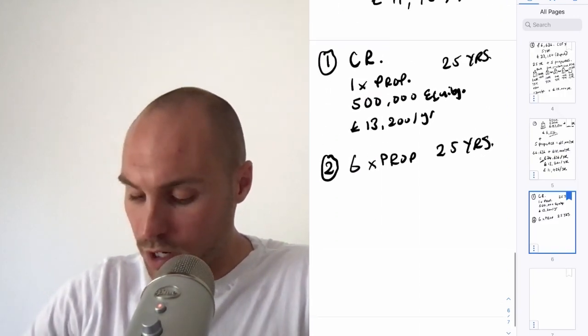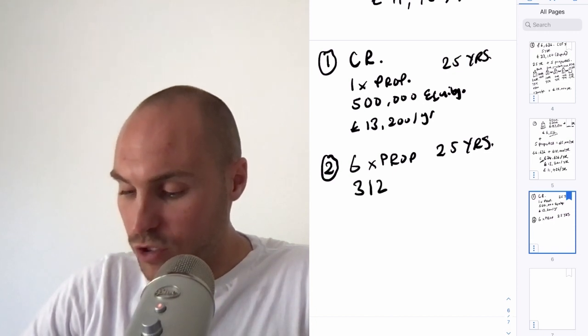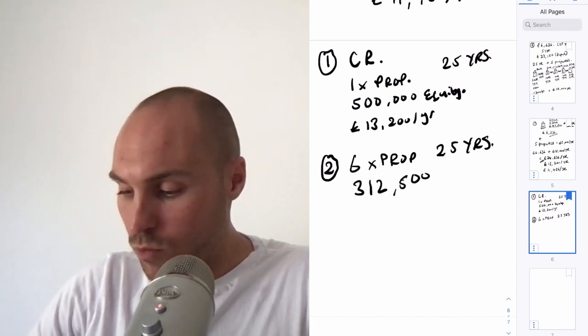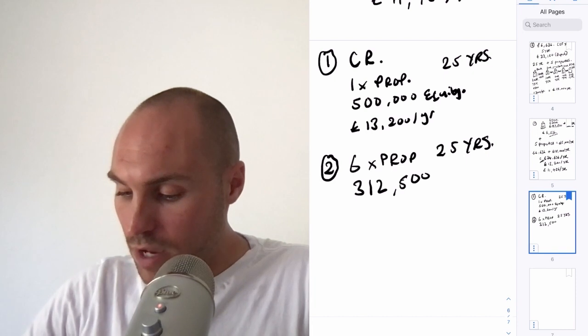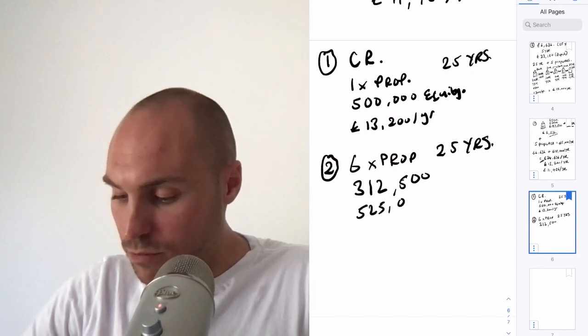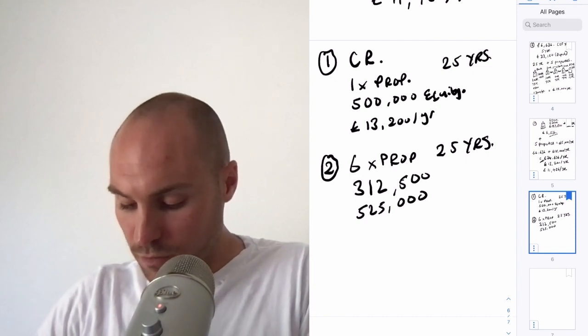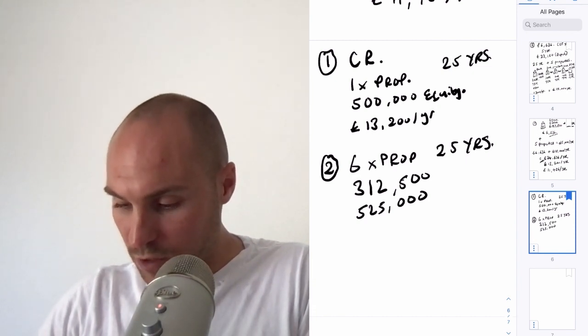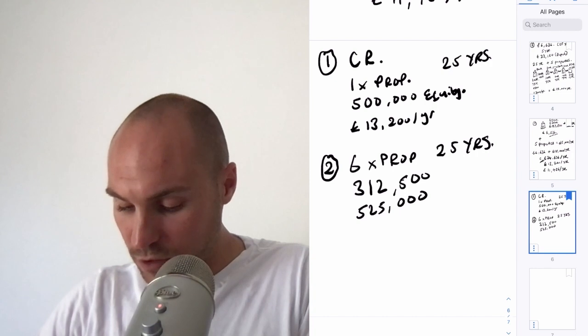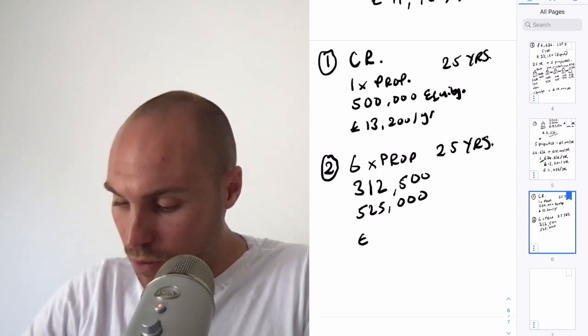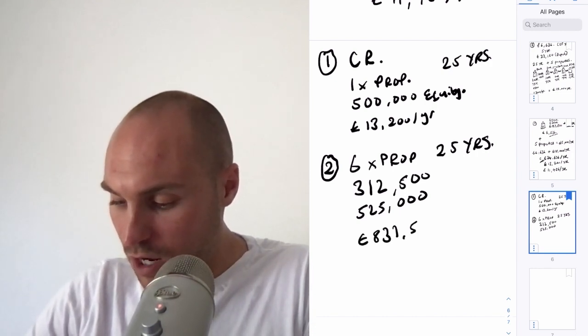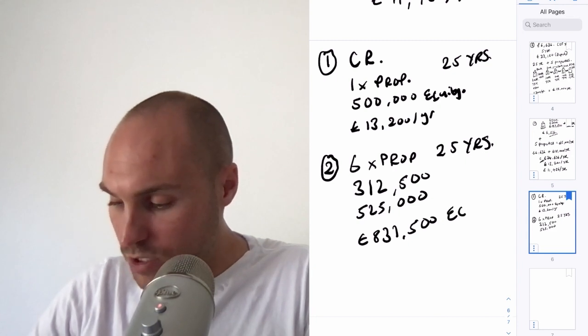So we have property number 1 at 312,500, and another £525,000 of equity across the other 5. If we take the 312,500 plus 525,000, we end up with £837,500 of equity.